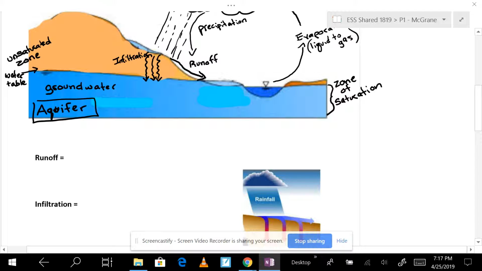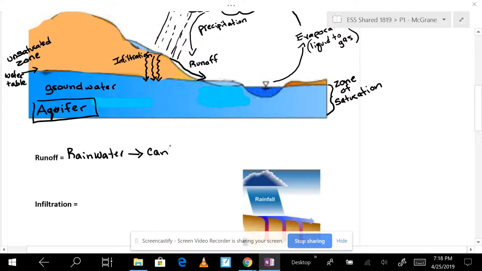Okay, fabulous. Let's go ahead and talk about runoff. So runoff is when we have rainwater and it's not absorbed by the ground.